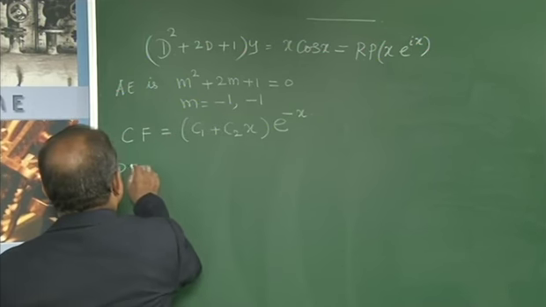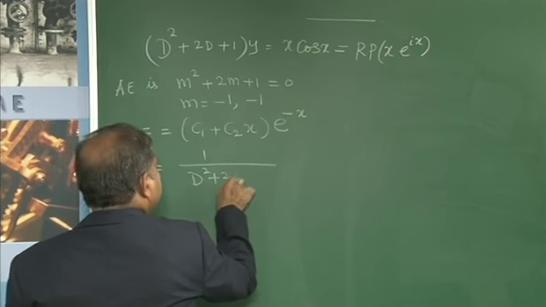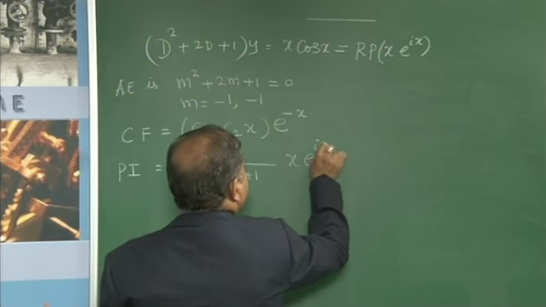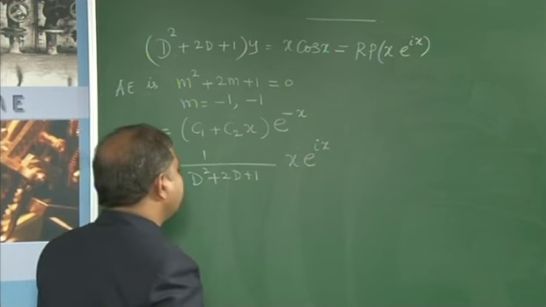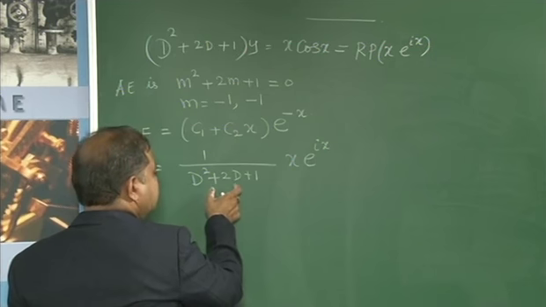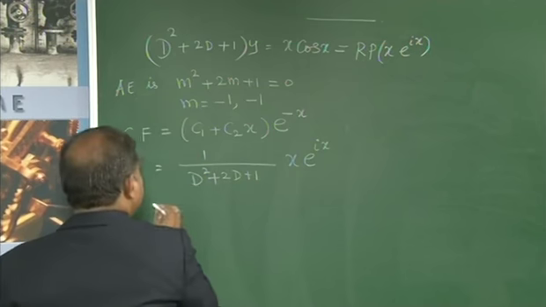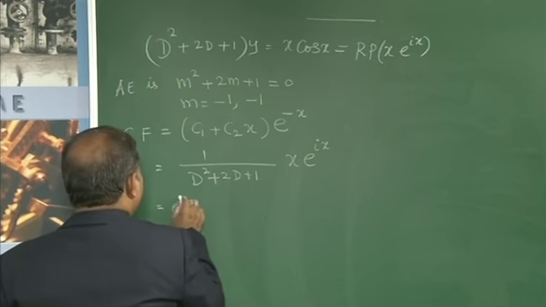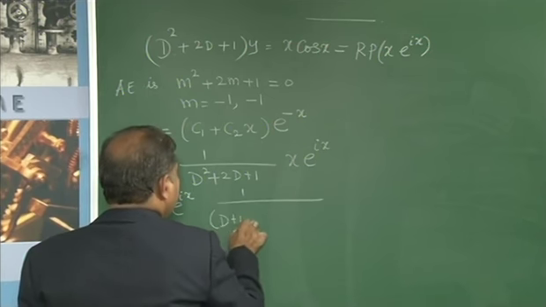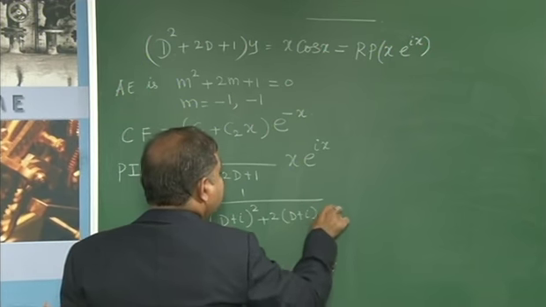Now, particular integral: 1 by D squared plus 2D plus 1 on x e power ix. One clue I am giving here, if you have this type of factors, you can even squeeze it. That means you can write (D plus 1) whole squared, and instead of D you can apply it, or directly, as we are doing, e power ix 1 by (D plus i) whole squared plus 2 into (D plus i) plus 1.